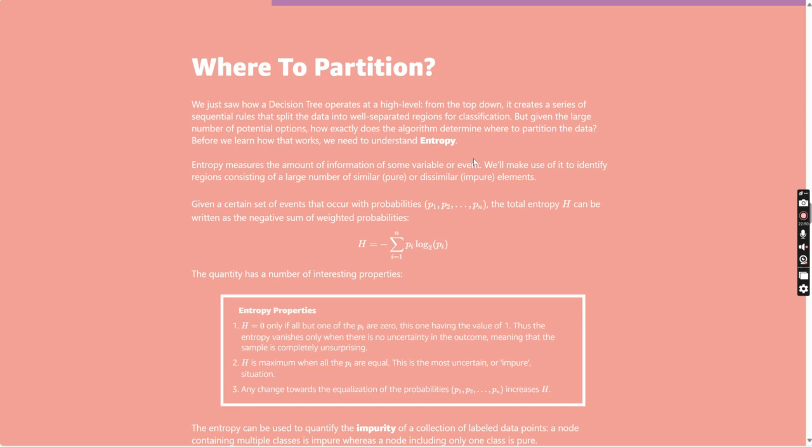If you have a large number of data points, and there is a mix up of data points belonging to one class with data points belonging to another class, then that system has entropy.